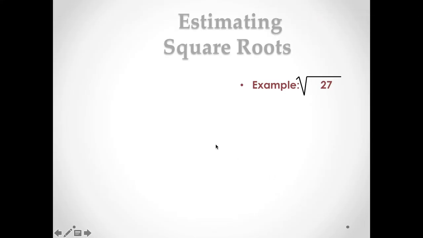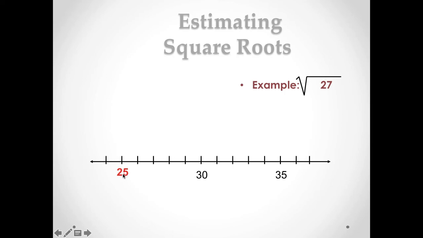What is the square root of 27? It comes in between 25 and 36. So what is the square root of 25? 5. And what is the square root of 36? 6. So the square root of 27 will be in between 5 and 6.